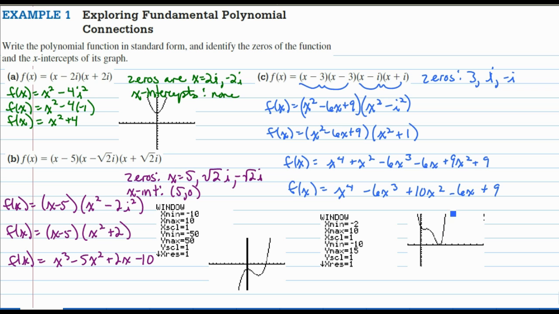It's got the end behaviors both pointing up to positive infinity. It does bounce off the x-axis at only positive 3, so it only has one real zero, which is positive 3. The other zeros are imaginary. And it looks like my algebra combining all these terms is correct.